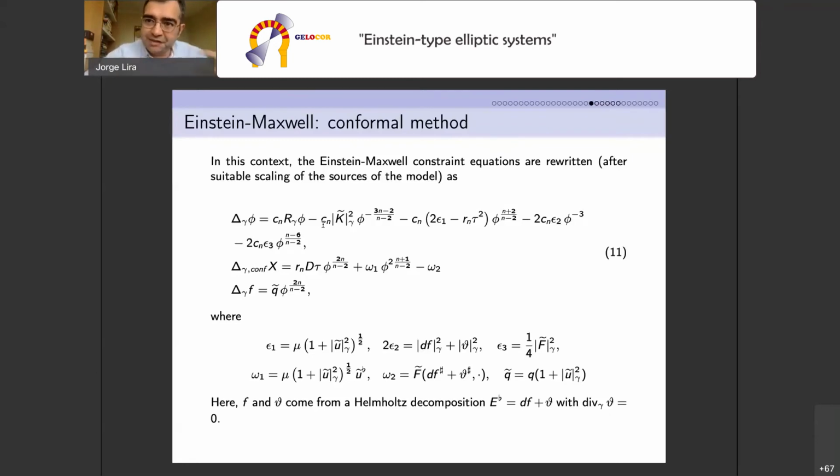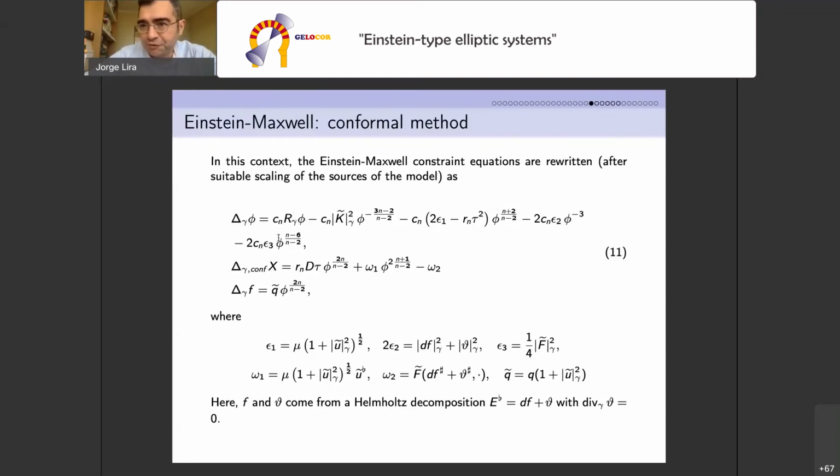But this inverse has to be constructed in such a way that the right-hand side could be controlled in such a way that you can find some solution for this system. So at the same time, you have to control the norms in some appropriate Sobolev space.